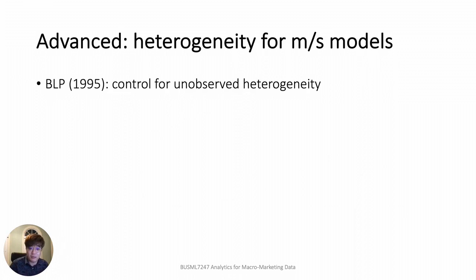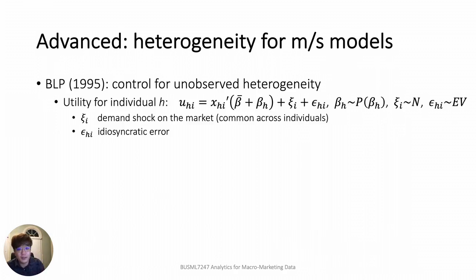In BLP's method, the preference on the product features is heterogeneous. For individual h, utility is still coming from the product features, the demand shock, and the idiosyncratic error, but the preference on the features, beta, is heterogeneous. Here, beta bar denotes the average preference, and an individual-specific preference, beta h, is added.